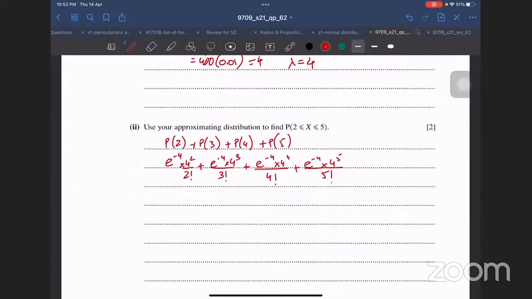For 2, 3, 4, 5, I get 0.1465, 0.1953, 0.1953, 0.1562.